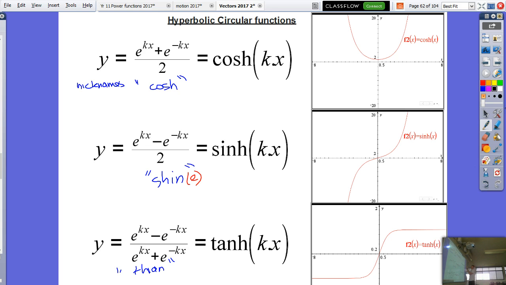Now, an important thing I'd like you to keep in mind, this is going to pop up in the future when we study mechanics, and it will be used to model the motion of an object falling under quadratic air resistance.